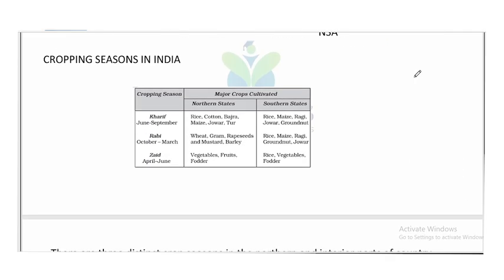Now, cropping seasons in India. Look at this. There are mainly 3 cropping seasons. First one is Kharif, second one Rabi, and finally Zaid. Kharif is mainly from June, July, August, September.